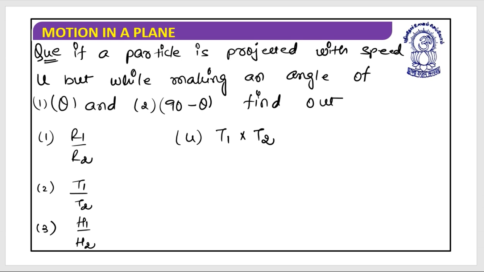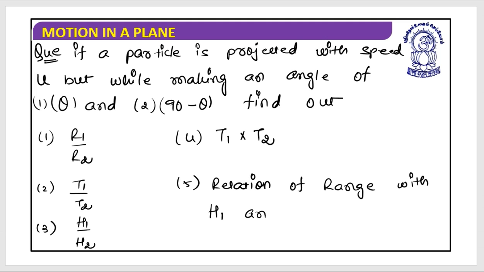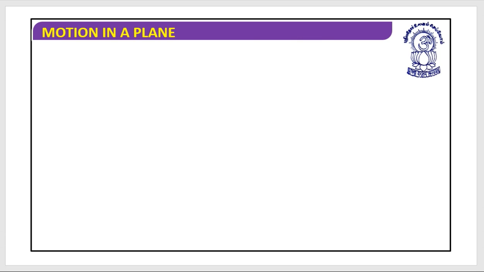Then next is the relation of range with H1 and H2. This is all that I require. I require T1 into T2, and I require the relation of range with H1 and H2. So let's work on this and find it out.